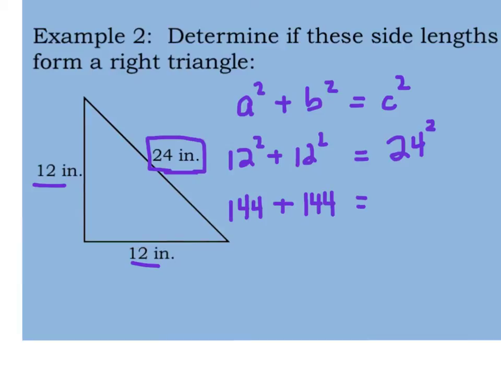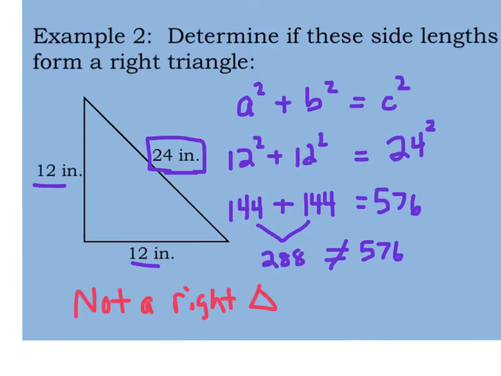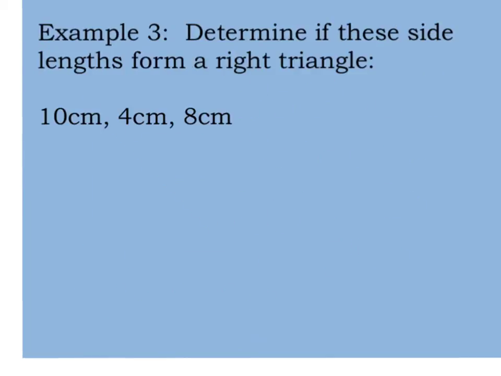And 24 squared is equal to 576. When I add 144 plus 144, I get 288. And 288 is not equal to 576. Since a squared plus b squared is not equal to c squared, I know that this triangle is not a right triangle.